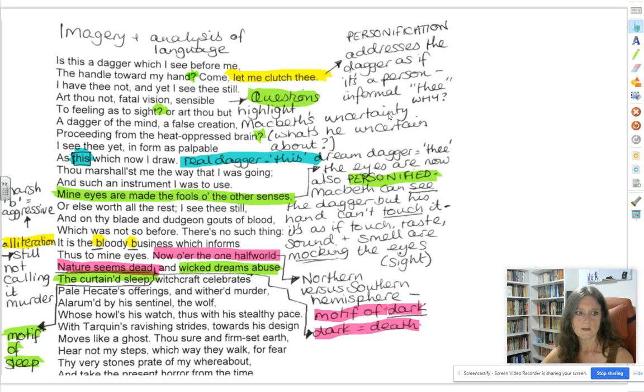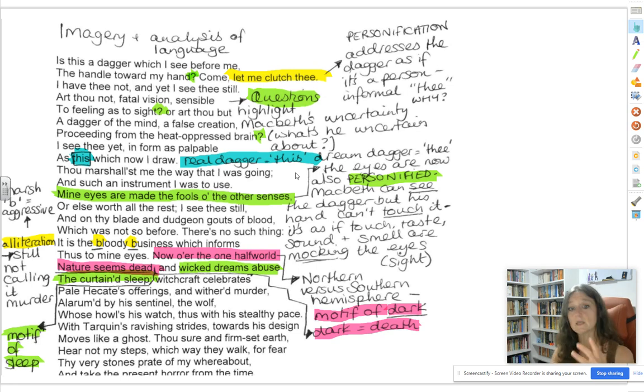Don't know. If you have a look down here, when he grabs his real dagger, "I see thee yet, in form as palpable as this which now I draw." His real dagger, this real dagger that he's drawing. So he calls the real dagger this, but he calls the dagger of the mind thee or you. So that's weird.